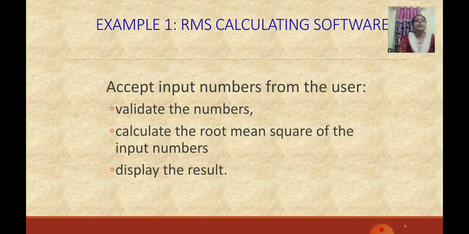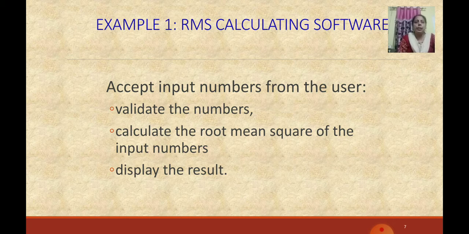Then next, accept input numbers from the user. Means in the next level, the functions are: it will accept 3 numbers, then validate the numbers, then calculate the root mean square of the input numbers and display the result. Means there will be 4 functions.